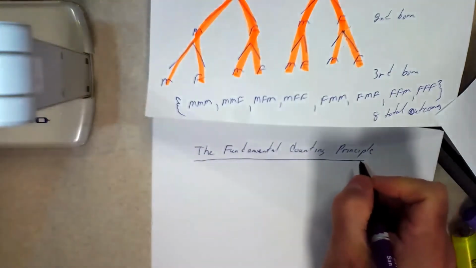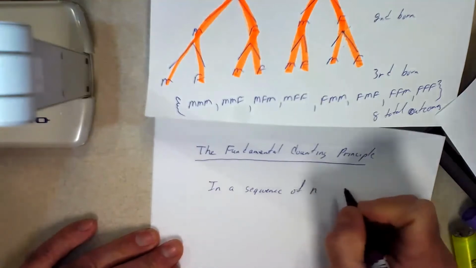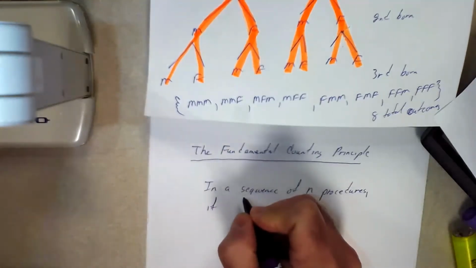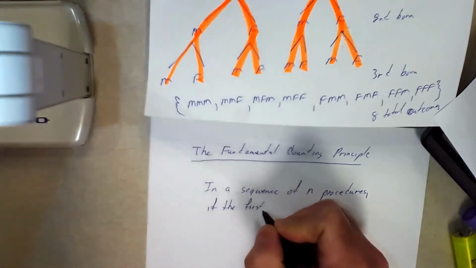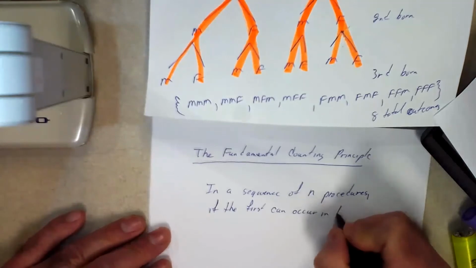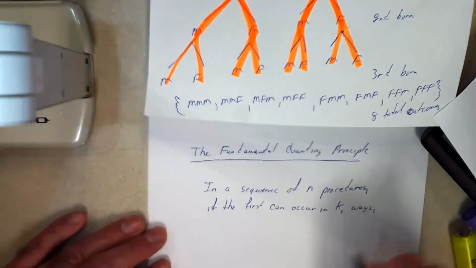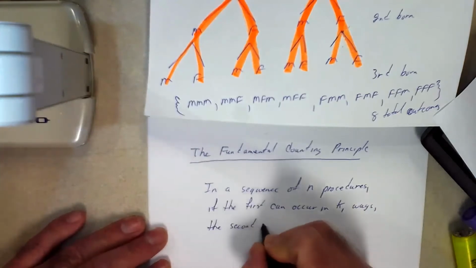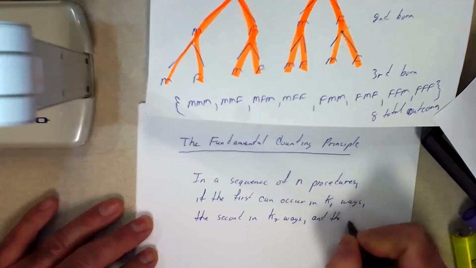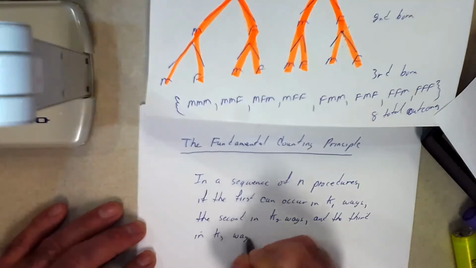The fundamental counting principle says that in a sequence of n procedures, if the first can occur in k sub 1, a k with a 1 like subscript, ways, the second in k sub 2 ways, and the third in k sub 3 ways, and so on.